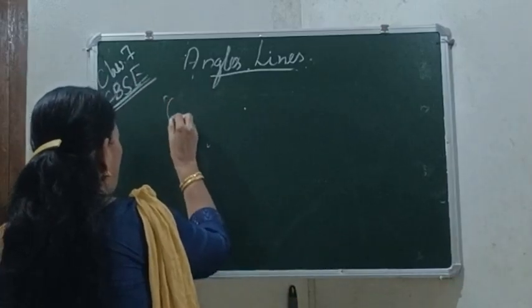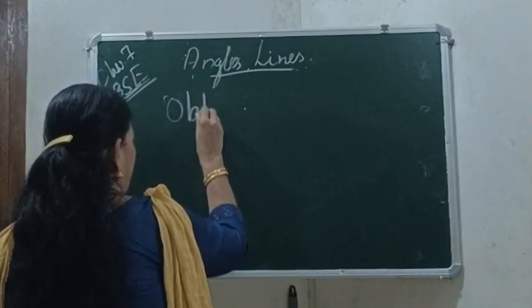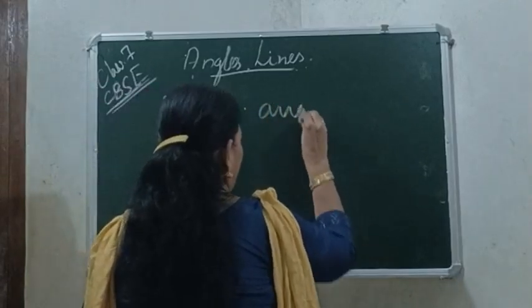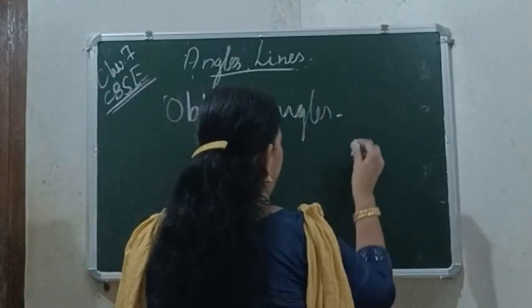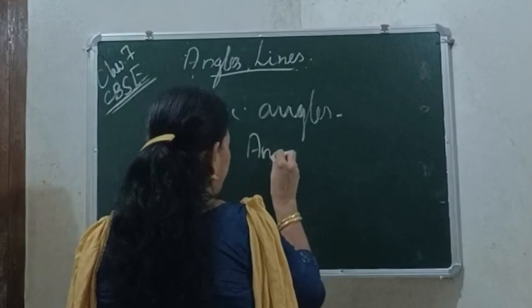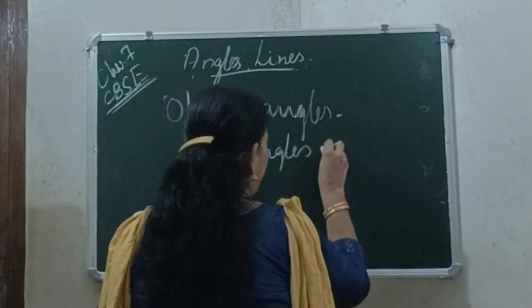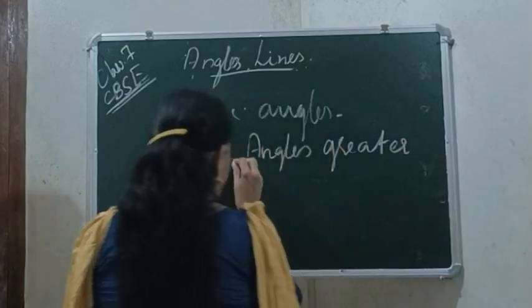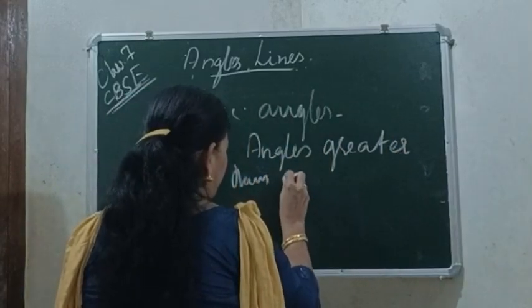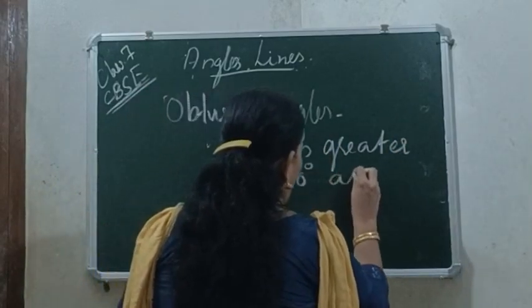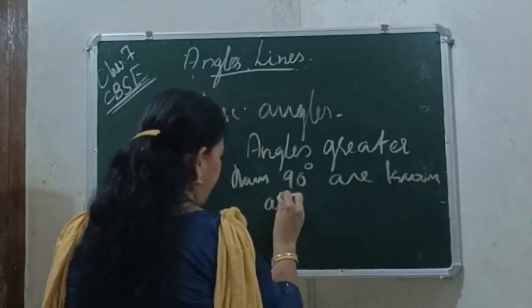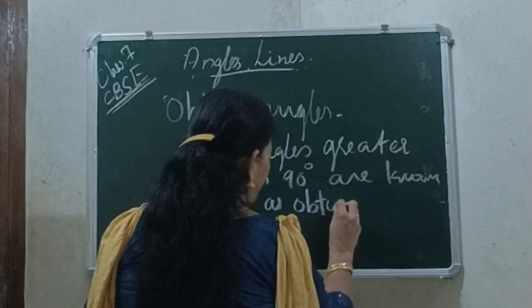Next, the obtuse angle. Angles greater than 90 degrees are known as obtuse angles.